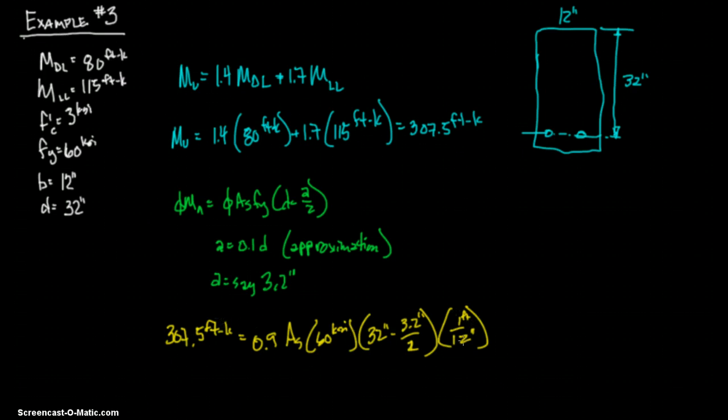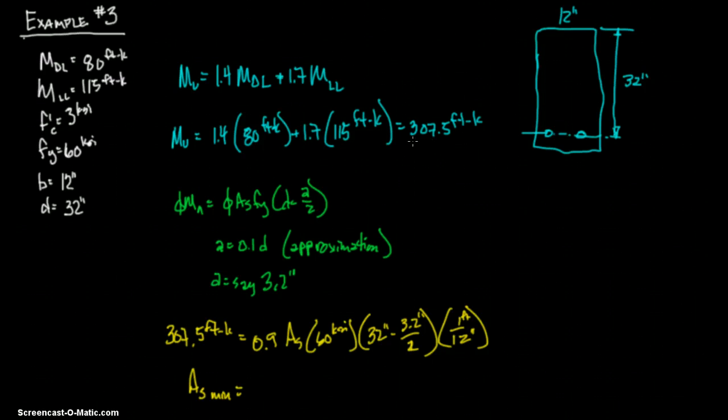Doing this took it from ksi. You see we have inches, and that changes it to get the kip-foot over here. And we have ksi, so we're going to be kips over here as well. Let's solve for As, your area of steel, and that's going to be your minimum area of steel.